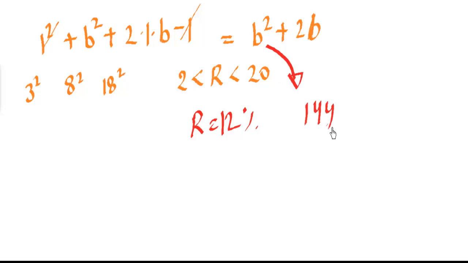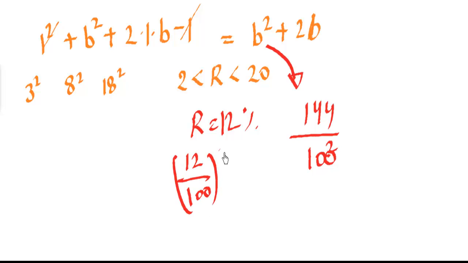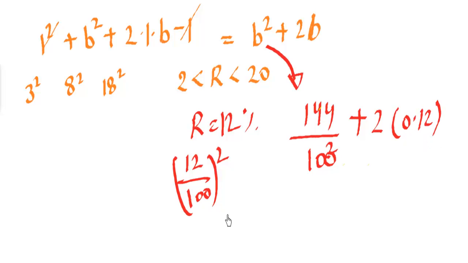So I know this is 144 divided by 100 square, because I have to put 12 upon 100 squared. 12 square is 144, this is 100 square, plus 2 into b, and my b is 0.12. So if we remember the squares of numbers from 2 to 20, we can easily calculate this compound interest.